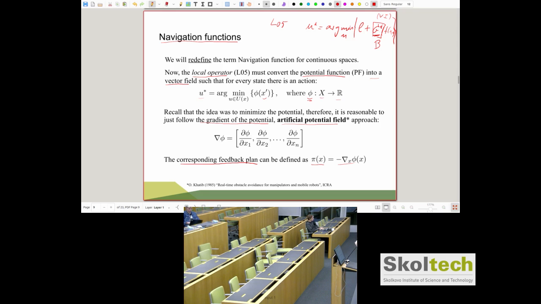But I have defined all these elements now in continuous spaces. All these vector fields kind of motivate the existence of the potential derivatives just to get to this equation here. Okay. Now our policy is just the derivative of this potential that we are deriving with respect to the direction. Okay.